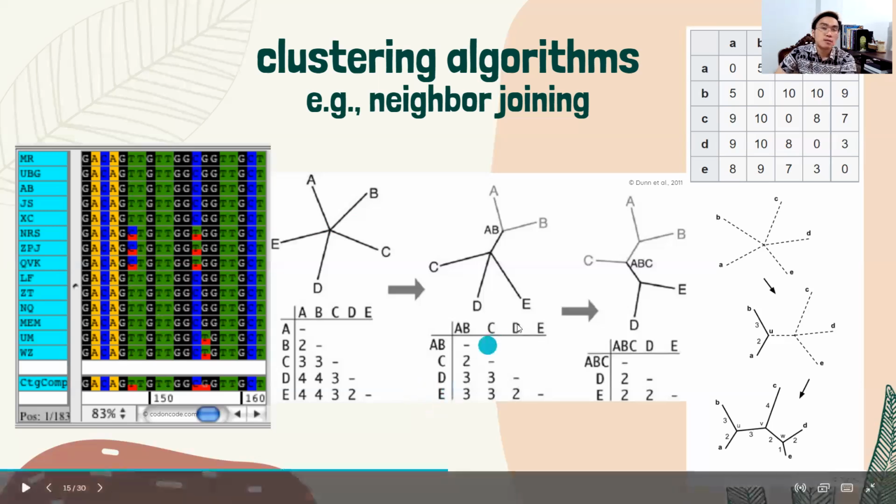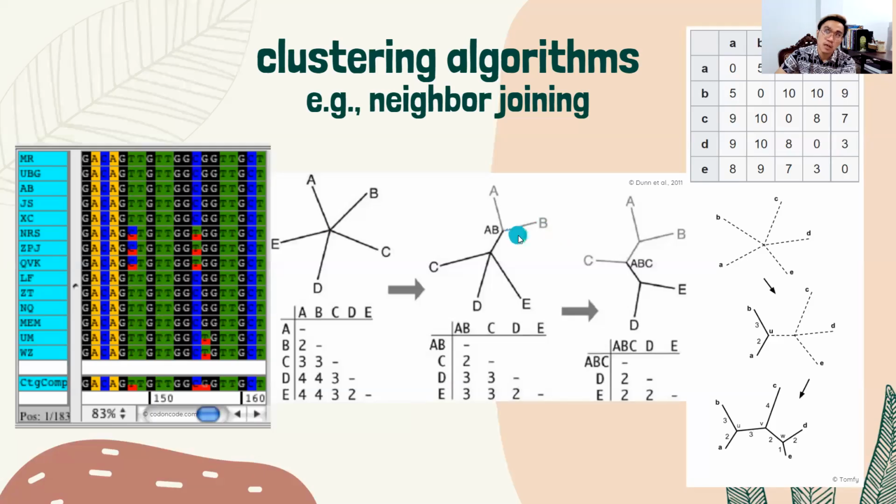Okay, so how about the algorithm, for example, chooses, oh, I see A and B, they are less different from each other, and therefore they have shorter genetic distance from each other, and therefore maybe they can be clustered together. But how about C, D, and E? That's the next question of the algorithm. Well, the algorithm will compute, oh, if A and B are together, they actually have 2 units of genetic distance from C and 2 units of genetic distance, actually no, that's it.